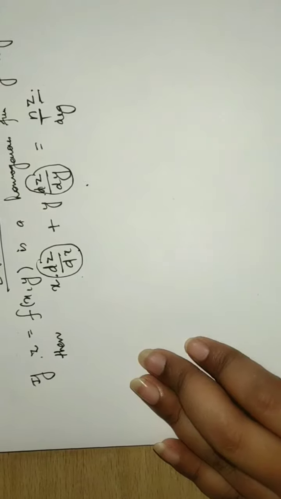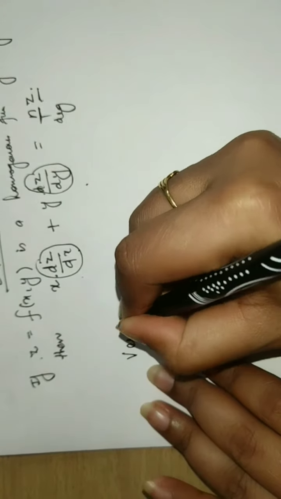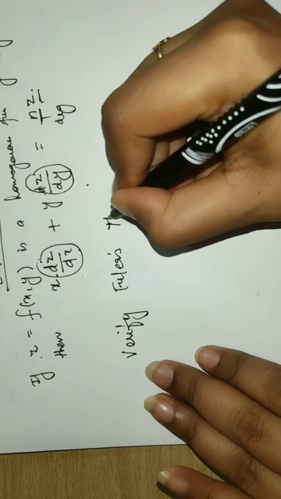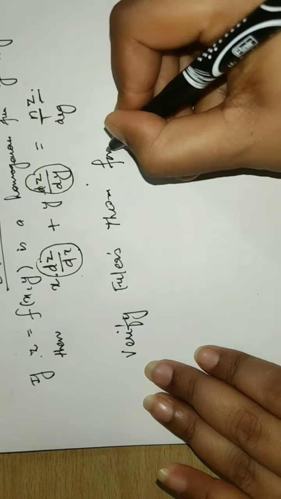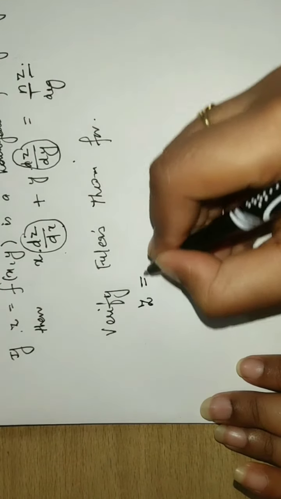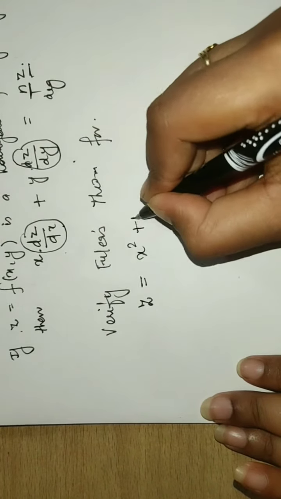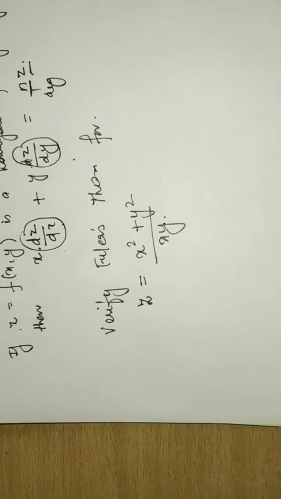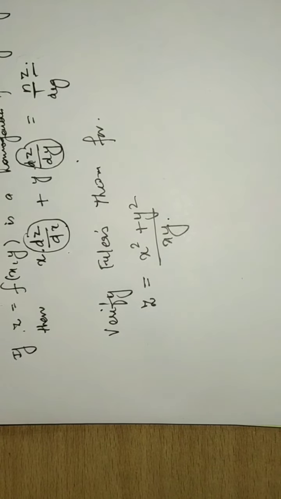Now we move to the verification of Euler's theorem. Suppose we have the question z is equal to x square plus y square by x into y. We have to verify Euler's theorem.